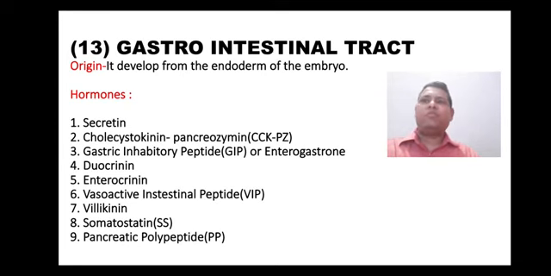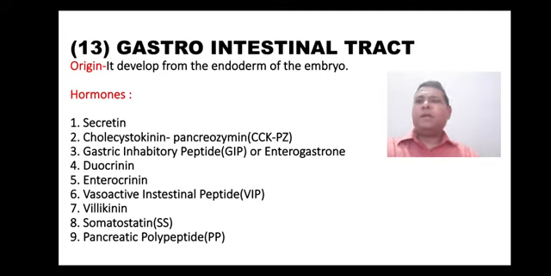Cells of the mucosa of the stomach and intestine secrete important hormones. Number 1, stomach: the mucosa of the pyloric region of the stomach synthesizes, stores and secretes the hormone gastrin. This hormone acts on the gastric glands and stimulates the secretion of hydrochloric acid and pepsinogen.